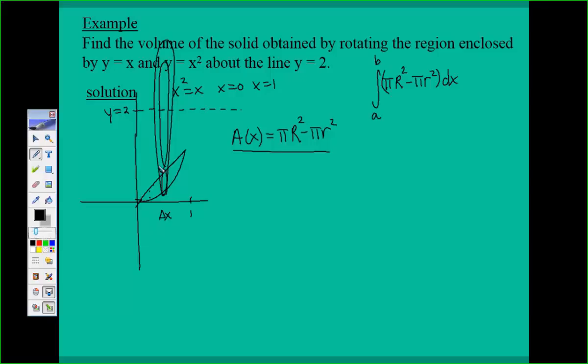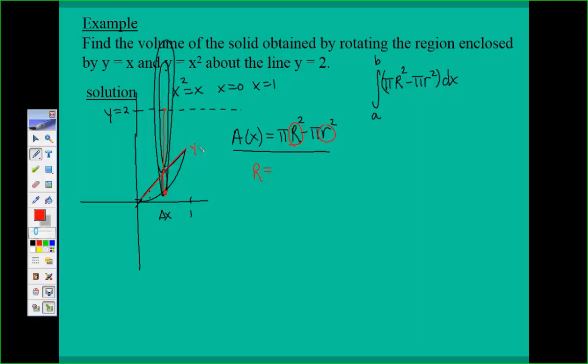Now, this is where it gets really important to understand what big R and little r represent. Big R is the distance from the center of rotation to the outside function. It would be to here. That's our big R. How would we represent big R? I'm calling this the top.